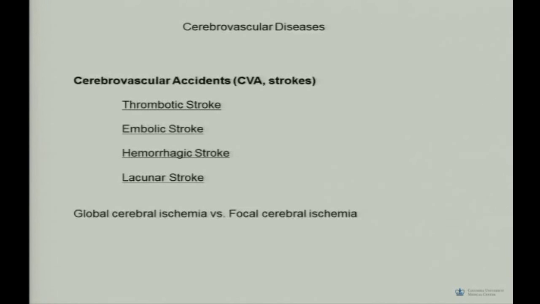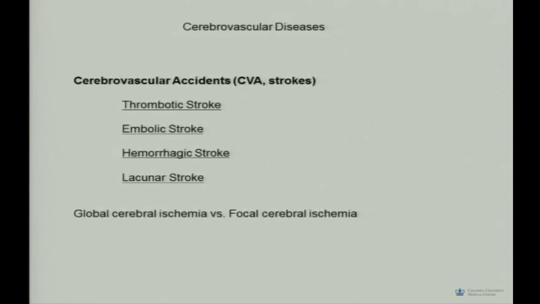Embolic stroke occurs because of an embolus that travels to the brain and gets lodged in one of the arterial branches that perfuses the brain.